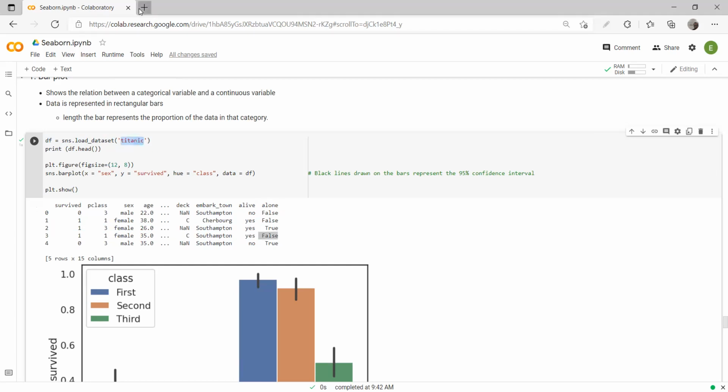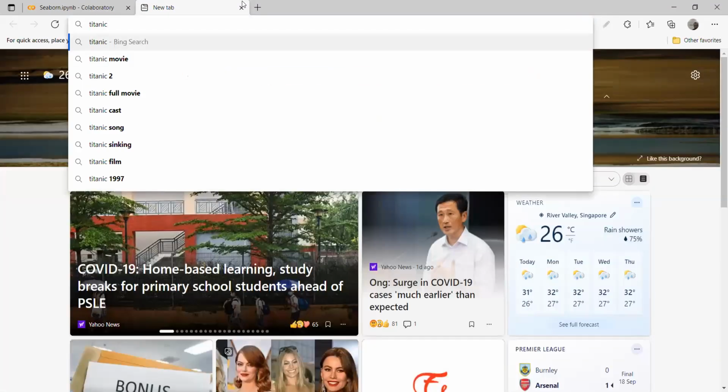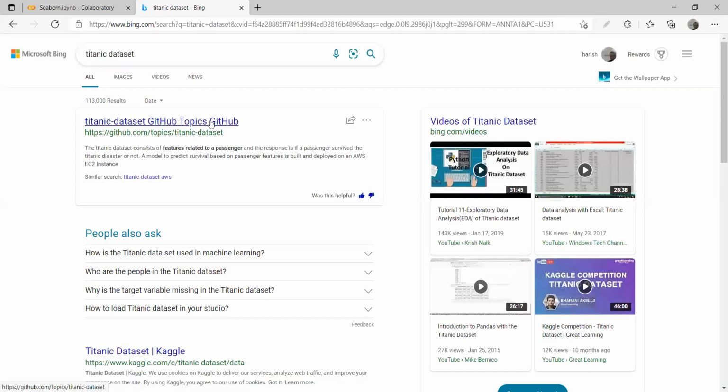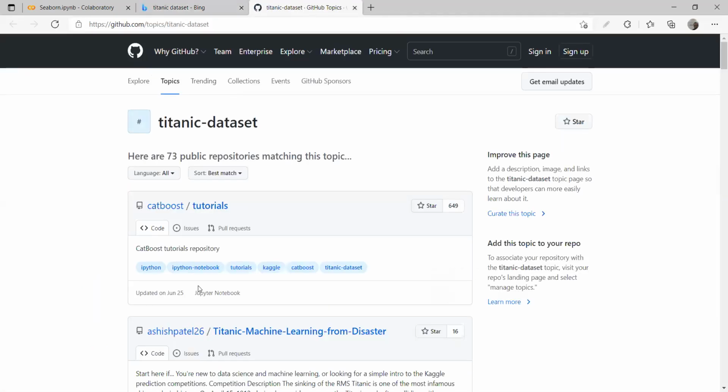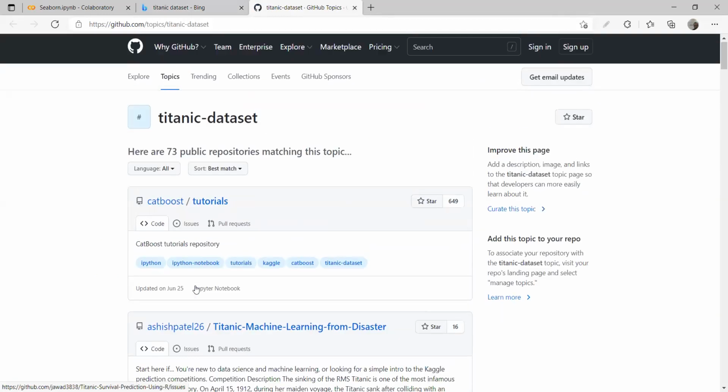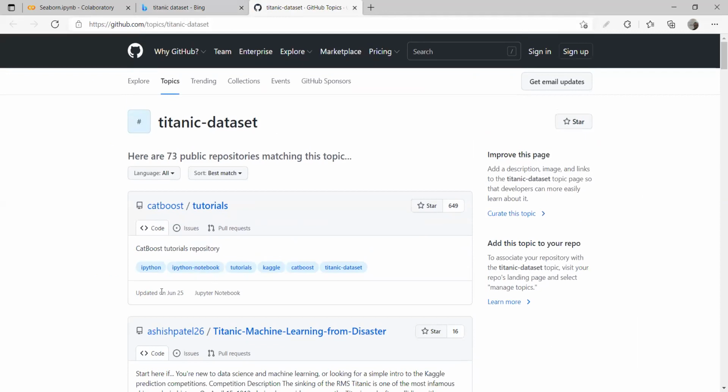You can look into the entire Titanic dataset by just doing a Google search. You can find someone has put it on GitHub as well, the Titanic dataset. And where is it?